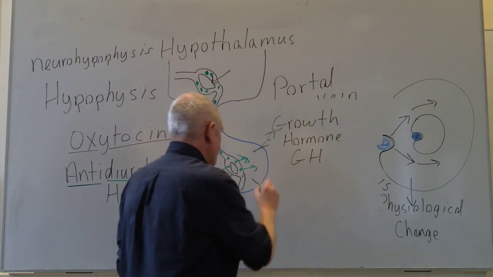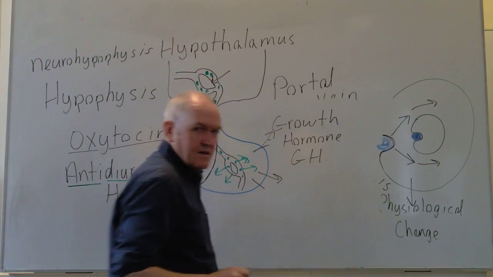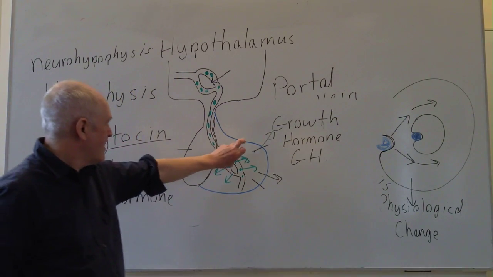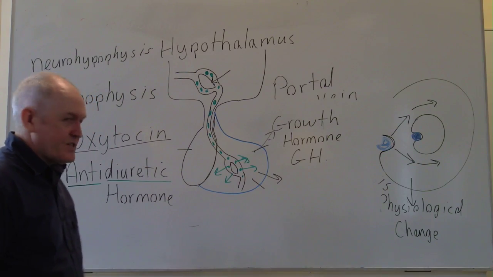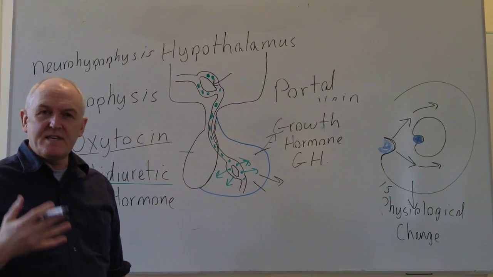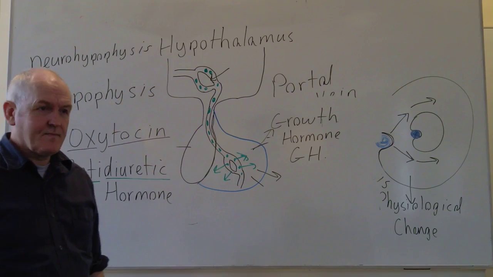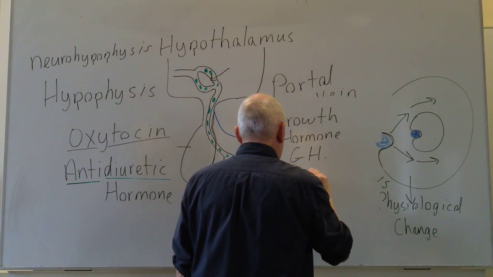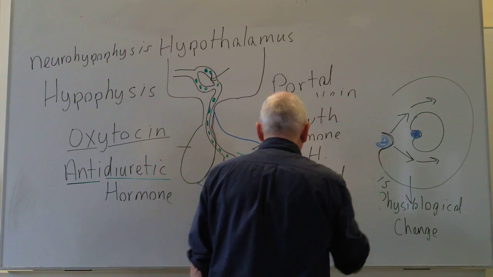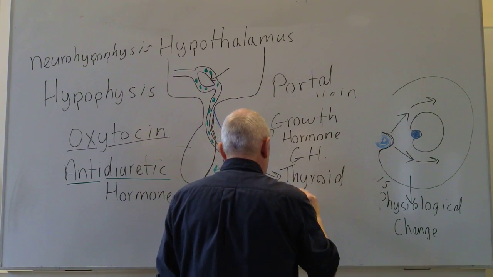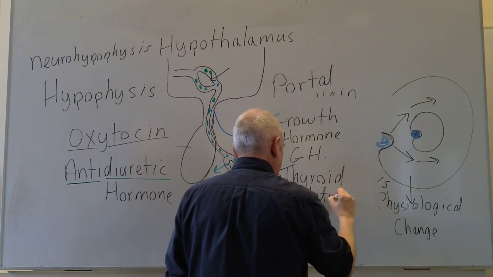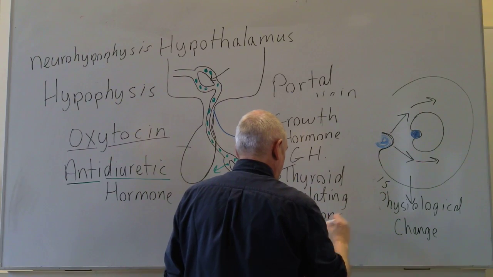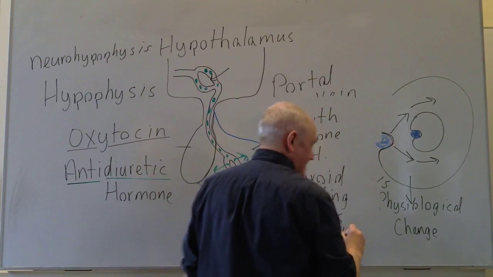Now, there's a hormone produced by the adenohypophysis that controls the activity of the thyroid gland. This one is thyroid stimulating hormone, or TSH.